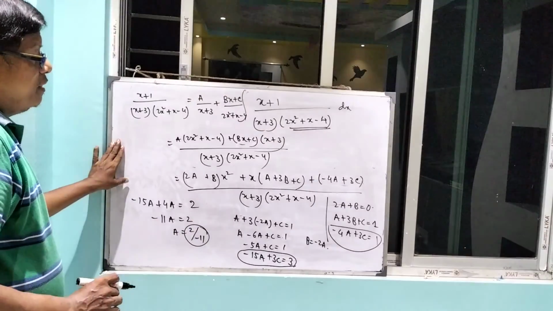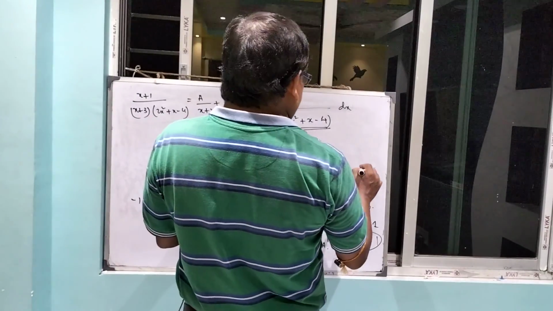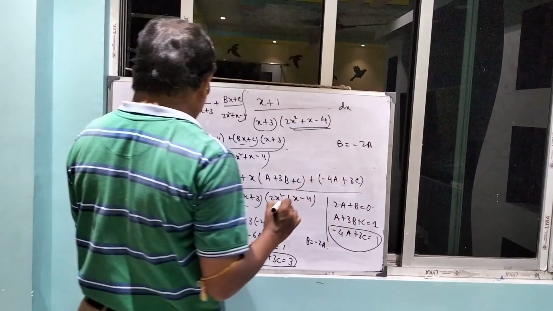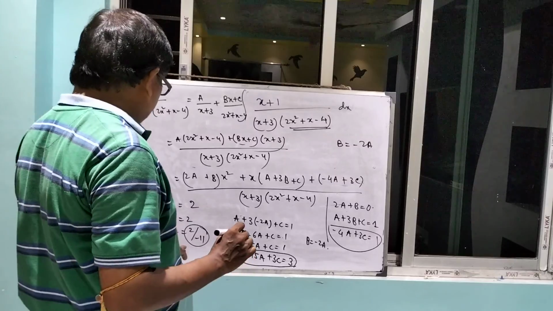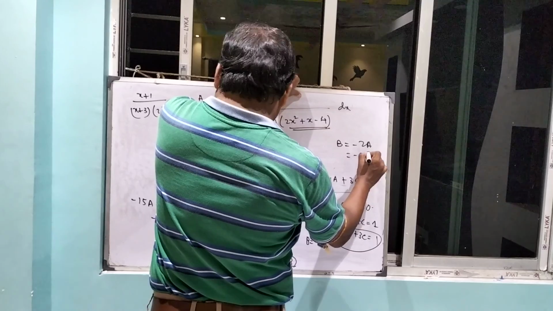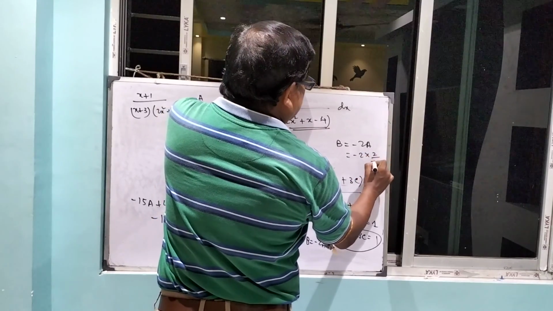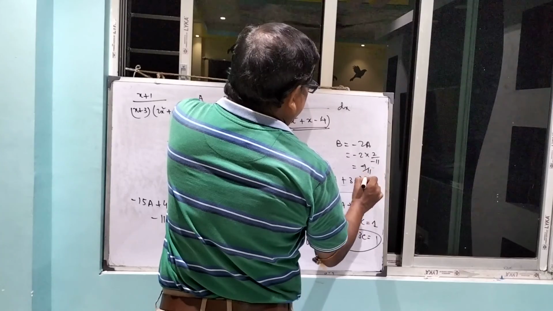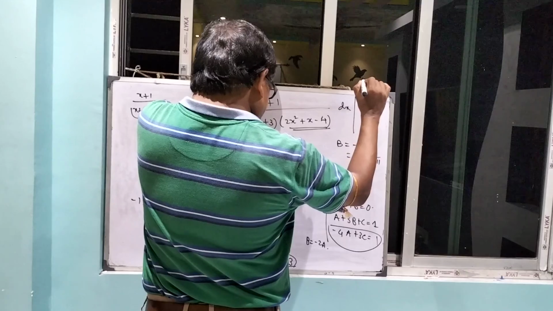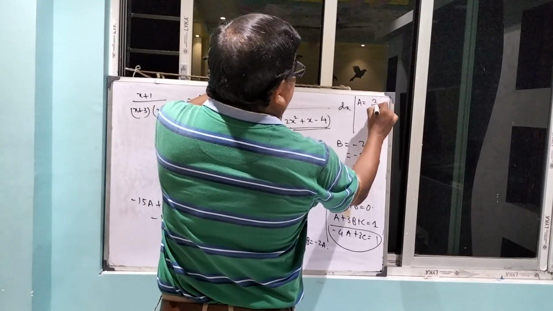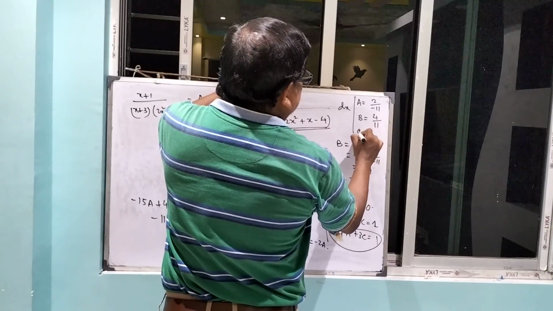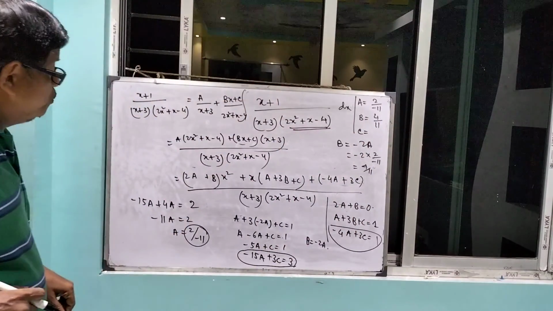Now b equal to minus 2a, just put the value: minus 2 into 2 by minus 11, that is 4 by 11. So a is 2 by minus 11, b is 4 by 11, and c, just put the value here.